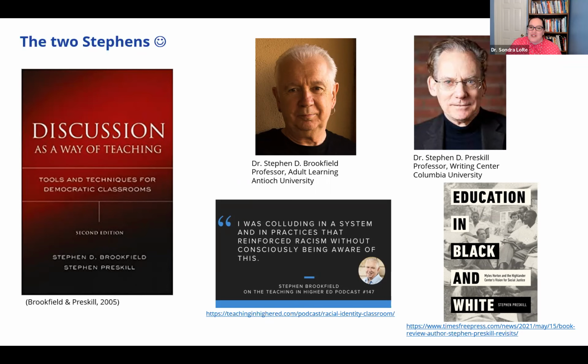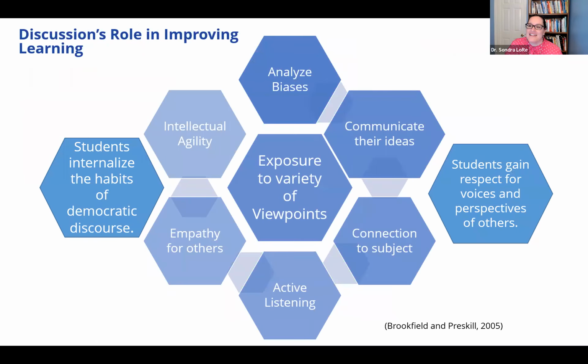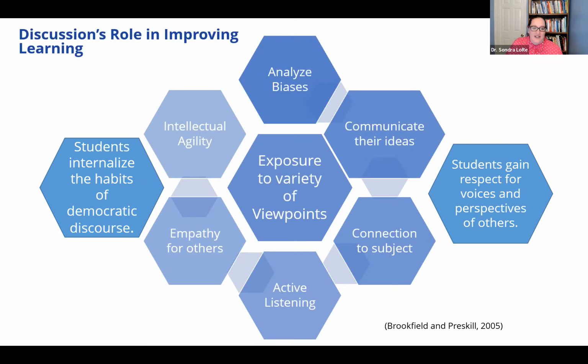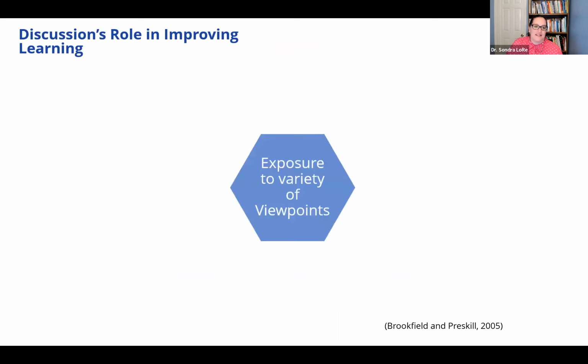So we shared that work about the 2 Stevens, and then I summarized what we can find in their writing about discussion's role in improving learning. So I broke down their model into different sections, and we had a quick walkthrough of this model.